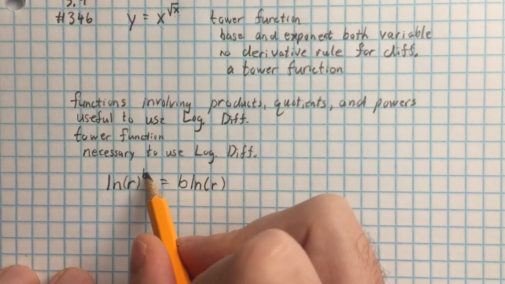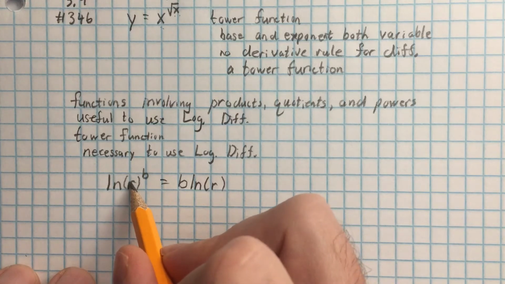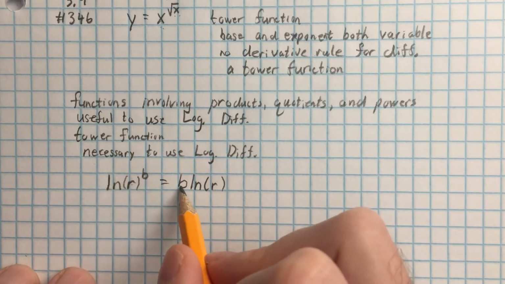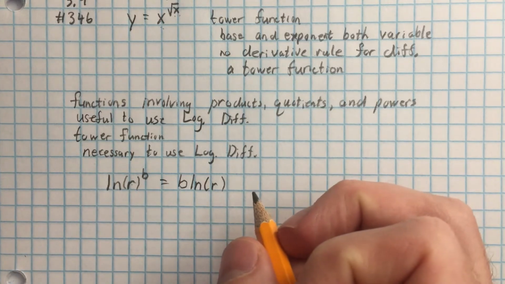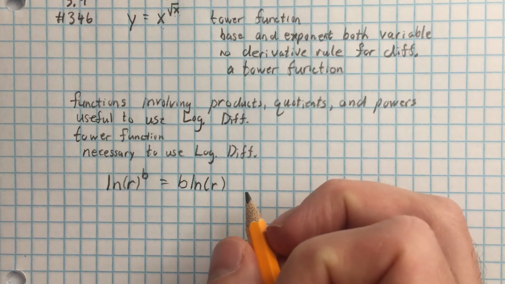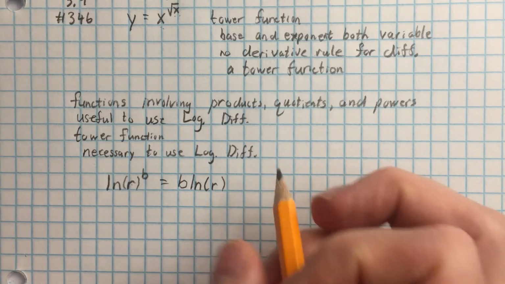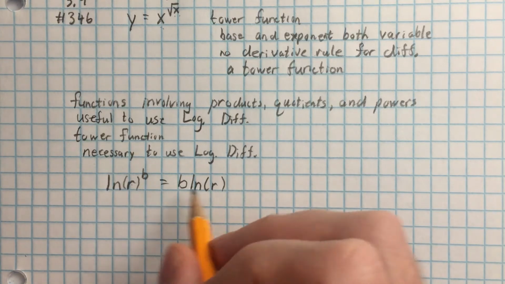As long as there's some kind of exponent or power on the argument of the logarithm, I can remove that power down to the outside as a factor or a coefficient to the logarithm. And this is one of the three main properties of logarithms that you certainly discussed in pre-calculus. So that's what we're using here. This is the reason we're using the logarithm at all.